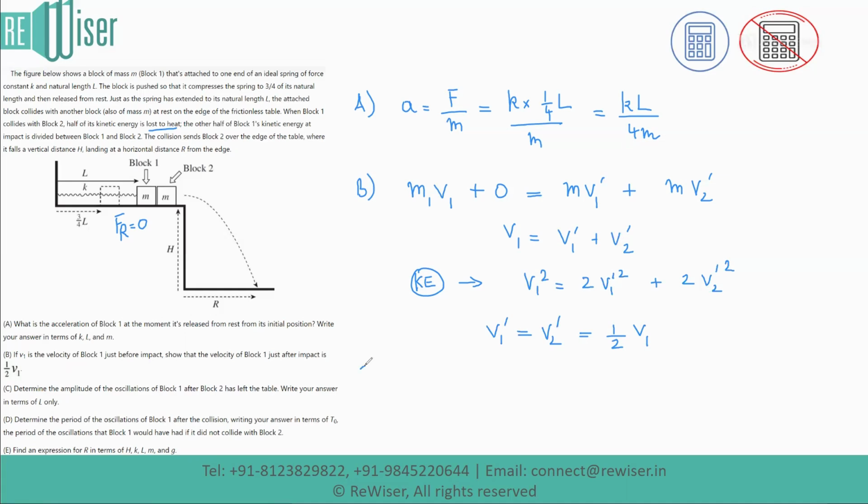Now, part C asks us to determine the amplitude of oscillations of block 1 after block 2 has left the table. Write your answer in terms of L only. So they say that it will execute oscillations. For it to execute oscillations, the kinetic energy is converted into the elastic potential energy of the spring.